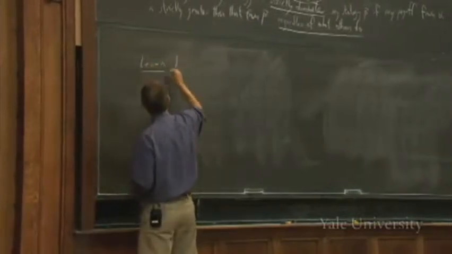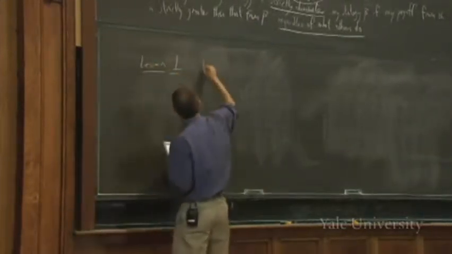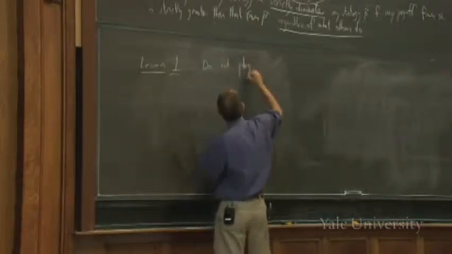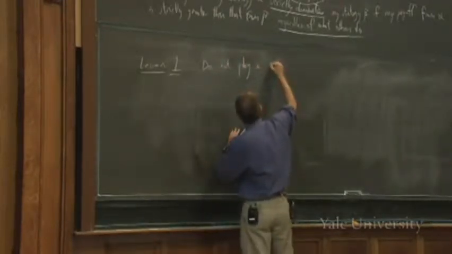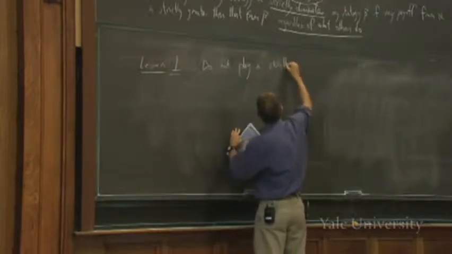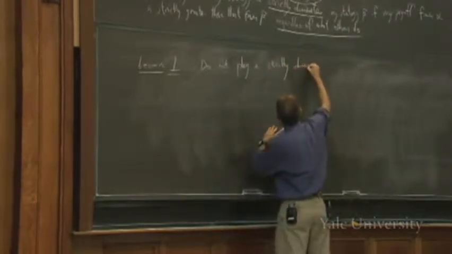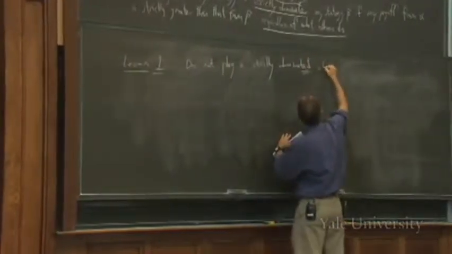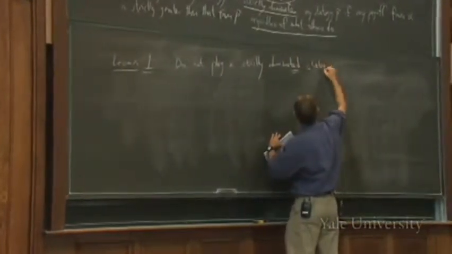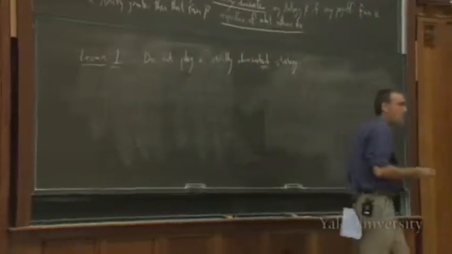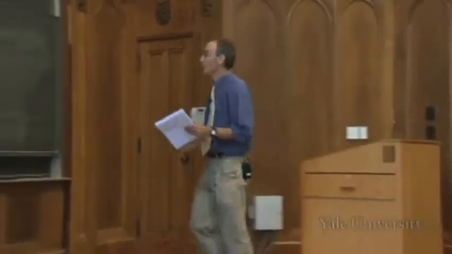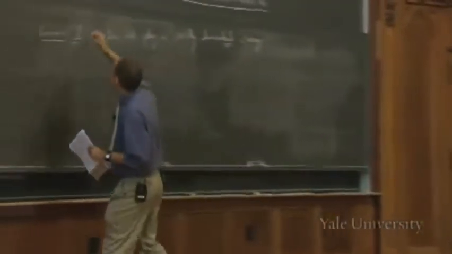So lesson 1 of the course is: do not play a strictly dominated strategy. All right, so with apologies to Strunk and White, this is in the passive form, okay? This is dominated, passive voice. Do not play a strictly dominated strategy.